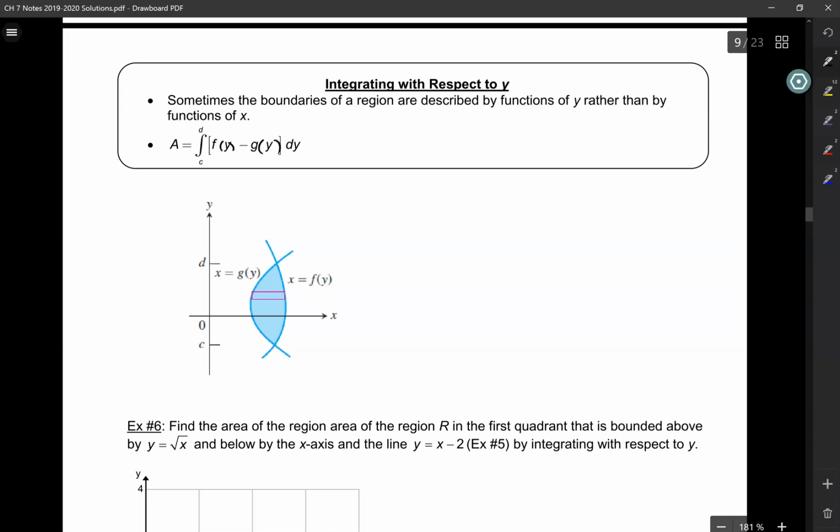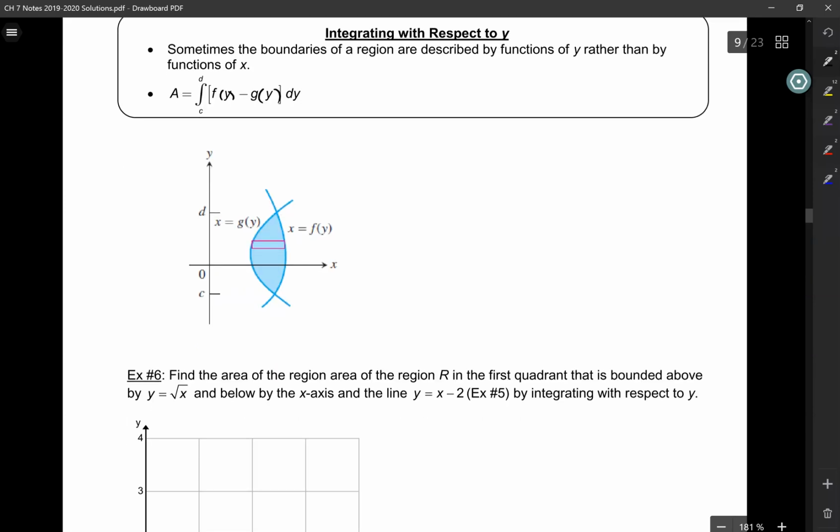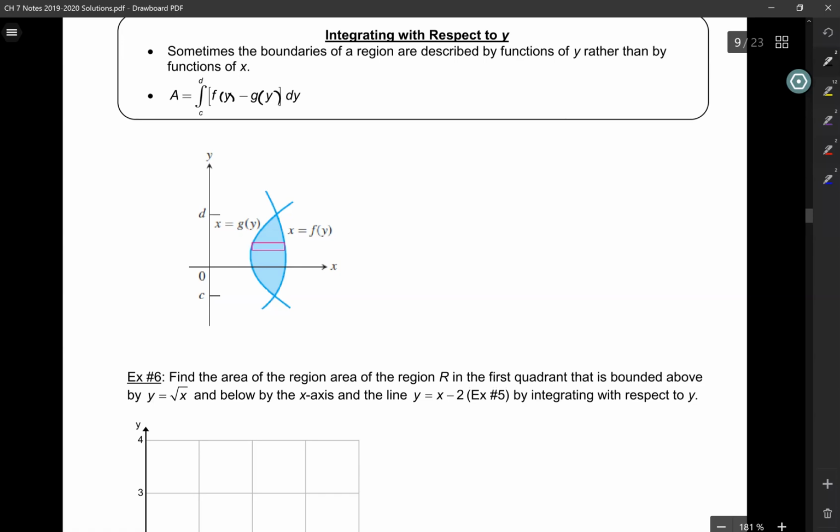Okay, so look at this function here. If we were to integrate like we were before, let me highlight these in different colors. I have a blue function here, this is x equals f of y, and here I have a red function.